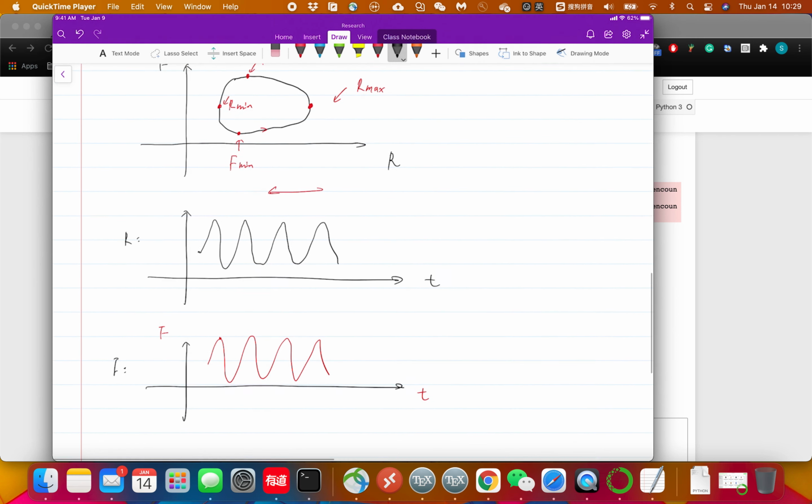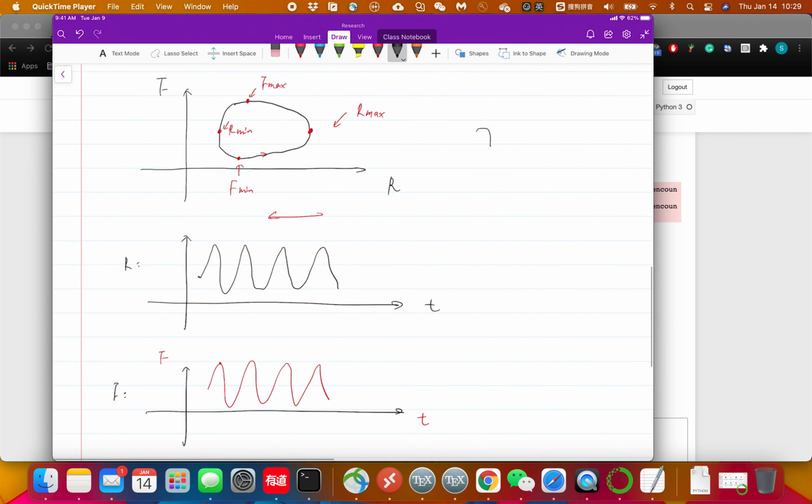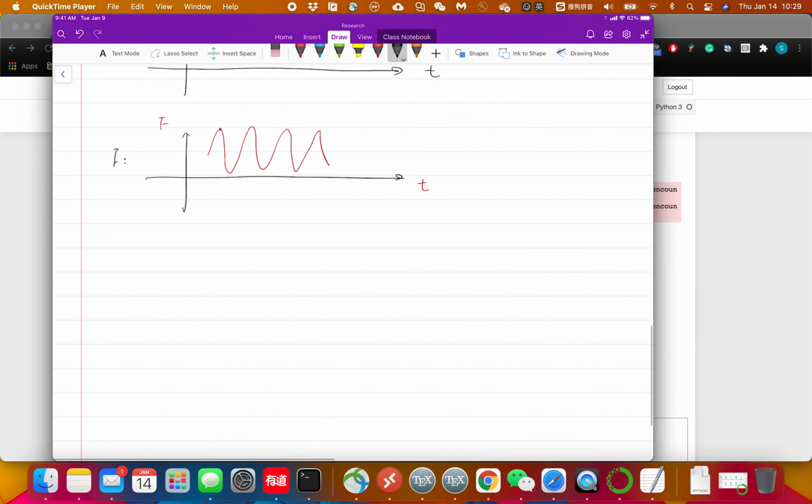Of course, these three graphs are all important. Where do they come from? It's actually very easy to think about. You have a system of differential equations, which involves R, F, and of course it involves time t.